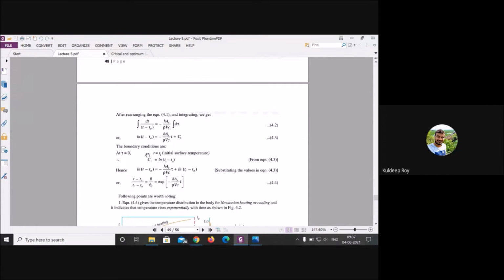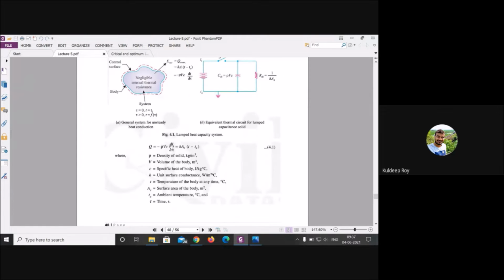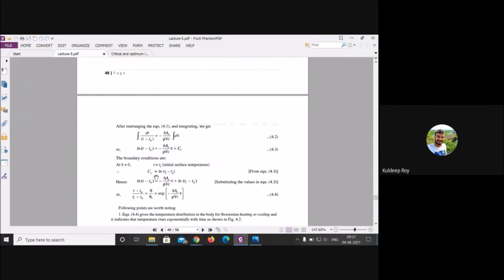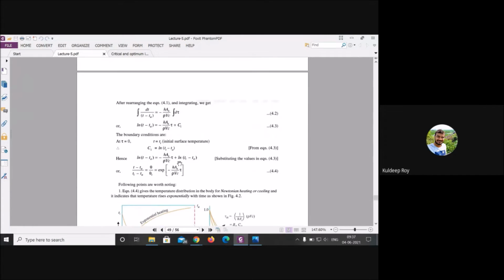How will you get this? You have to integrate del T by del tau. While integrating and applying the boundary condition, you will get this expression.